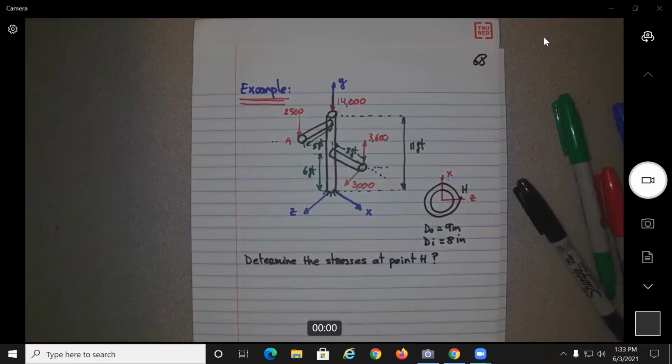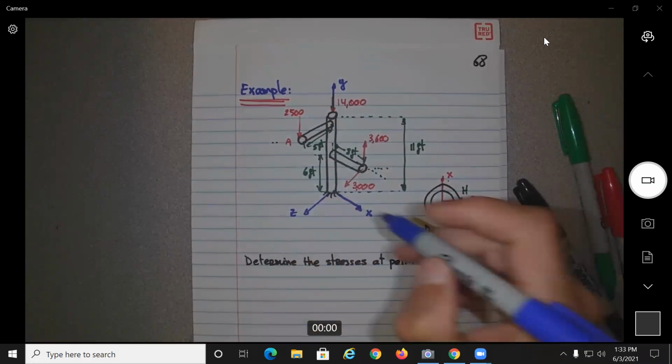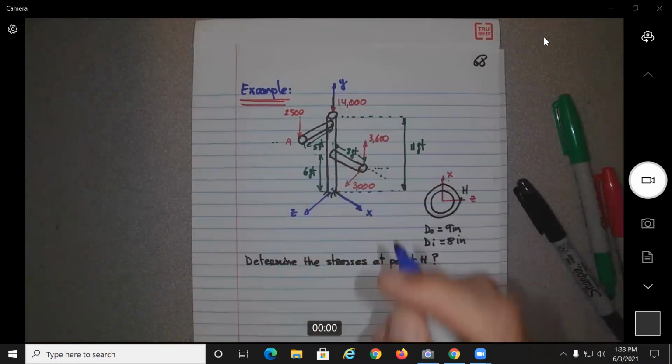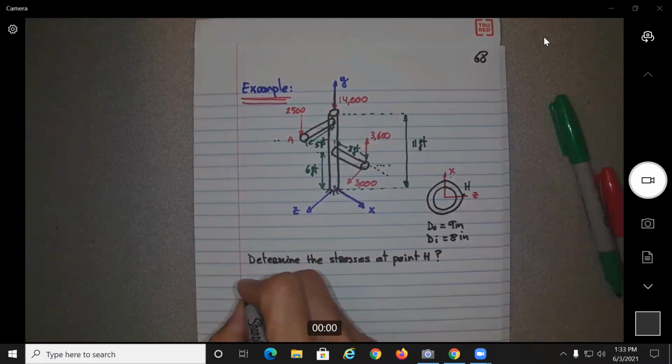So we're going to take as our origin the point over here. So this would be our origin over here, right in the middle. So let's see first, what would be the forces?